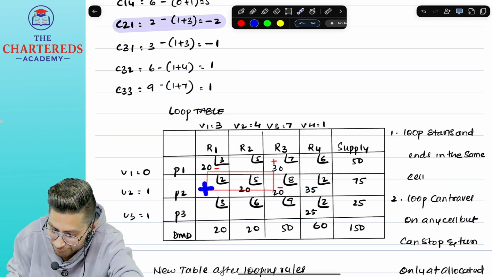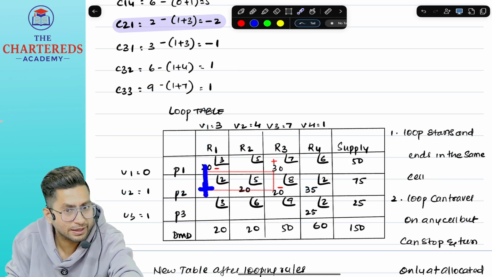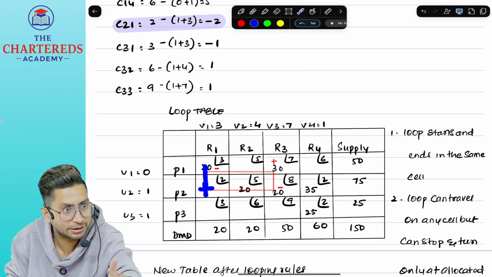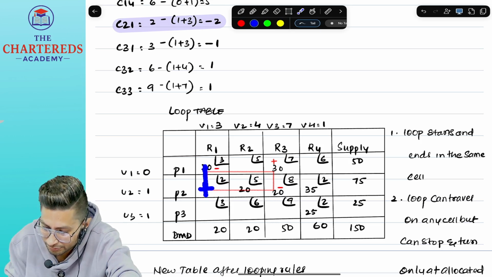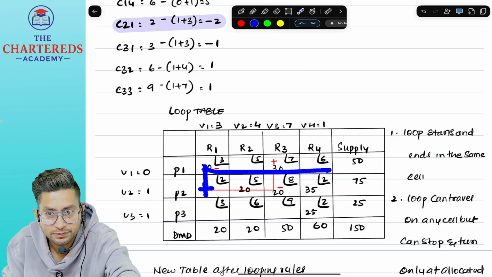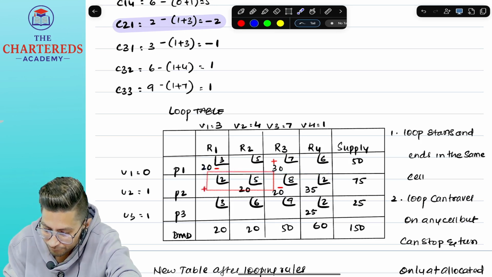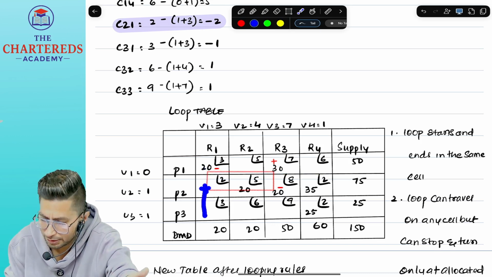So which sign will I write here? Can I go up? Why? Unallocated cell. I cannot go to an unallocated cell. That rule I have given today: we can only take a turn at allocated cells. From here, can I go here? Unallocated. Can I go down? Unallocated.